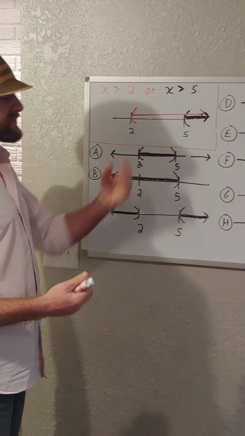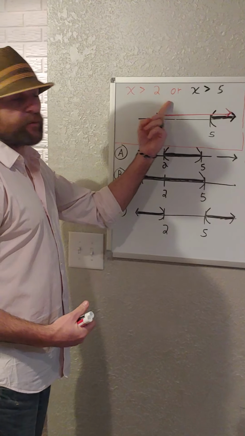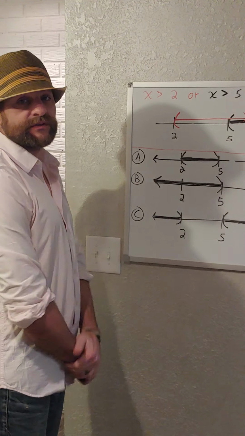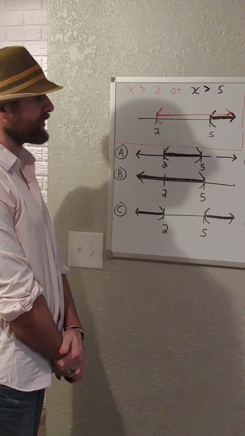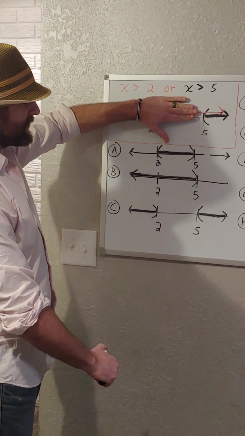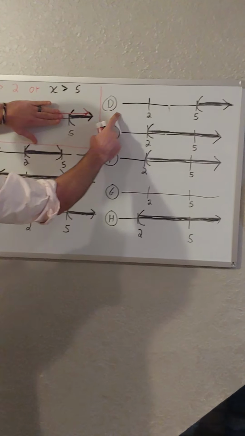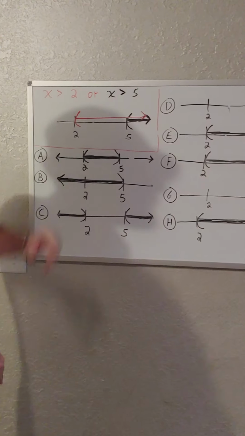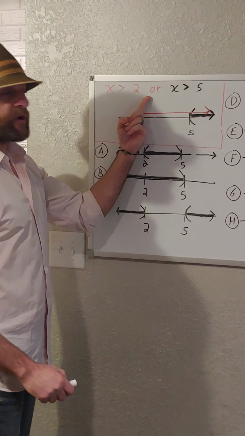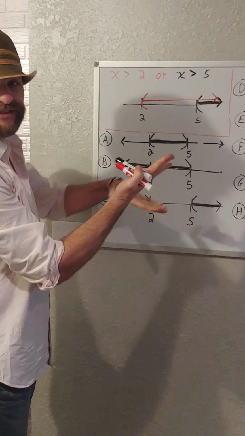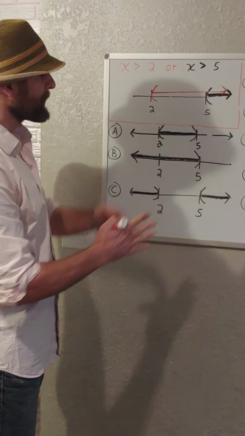Again, if this was an and problem, if this had the word and, you only count where the colors share. So an and answer would be that one right there. However, since it's the word or, we combine the colors together, we count them as one color.